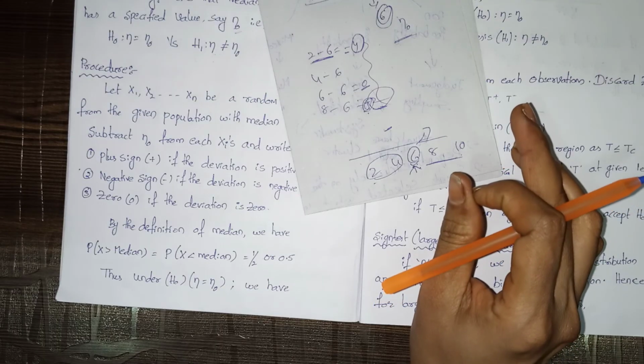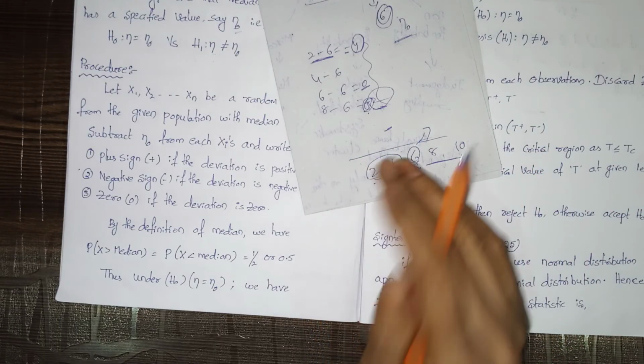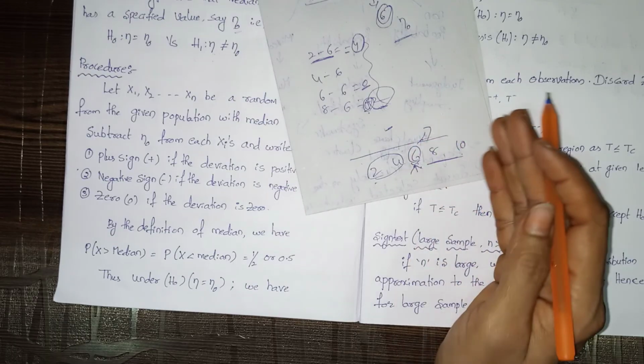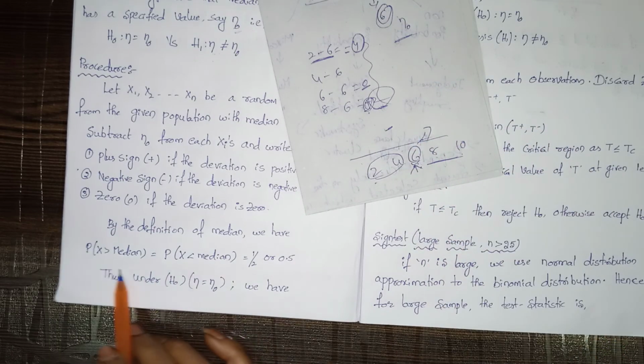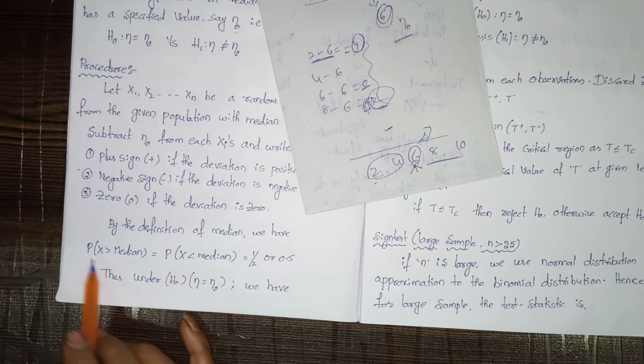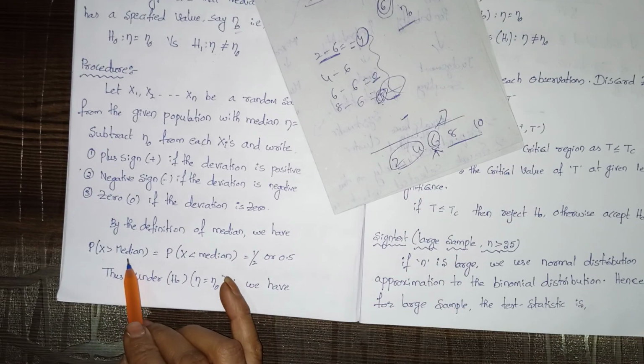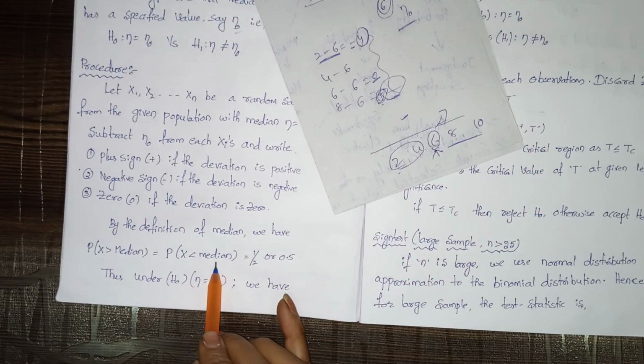Okay, so median in the sense what? Exactly half of the observations will be less than the median value and half of the values will be more than the median value. So that's why we have written here x greater than median. That means some observations will be greater than median and some observations will be less than median.